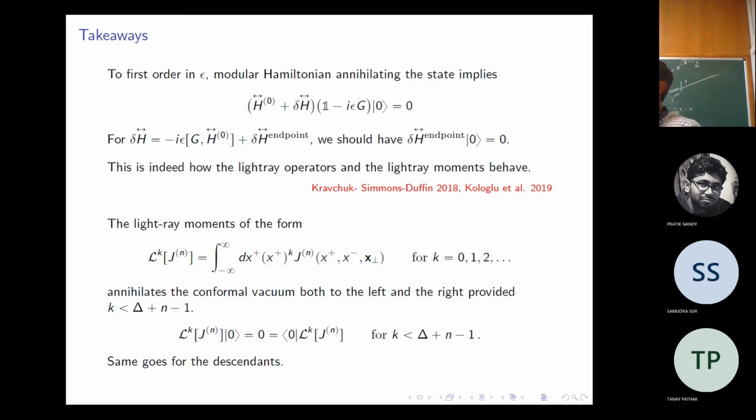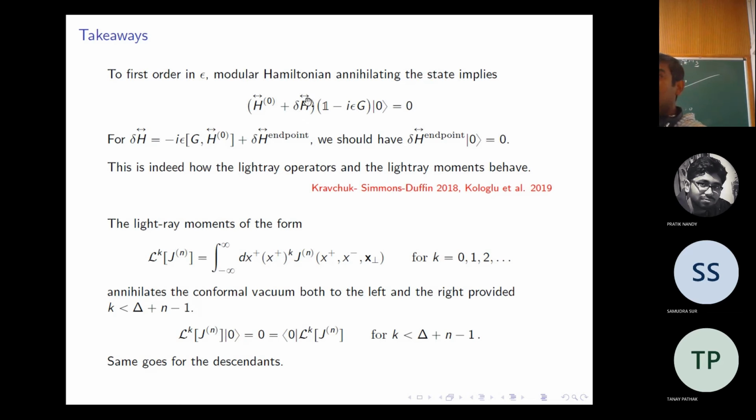So if you write in terms of the fact that H excited acting on some psi is 0, and you expand this expression to first order in epsilon, you get what I have written here.